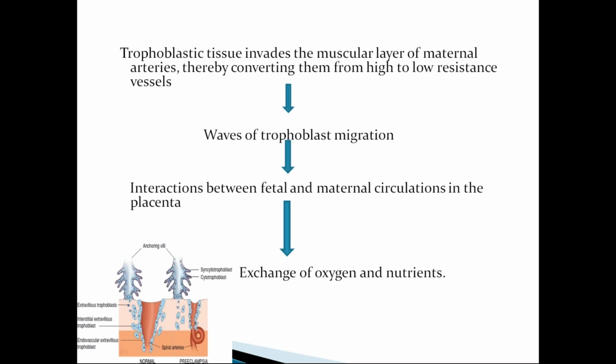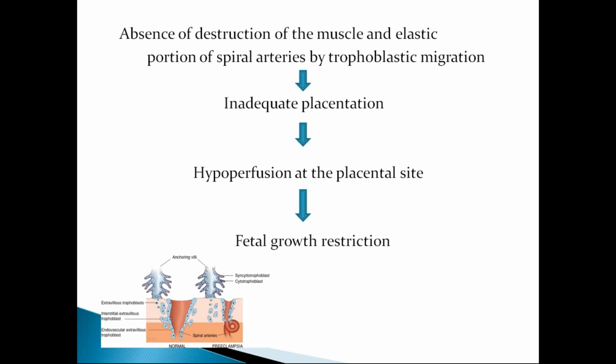In case of eclampsia or pre-eclampsia, you can see there is no proper invasion of the trophoblastic cells. So all these vessels will be rigid, with no proper dilatation. The capacity is reduced, so they get less oxygen supply.